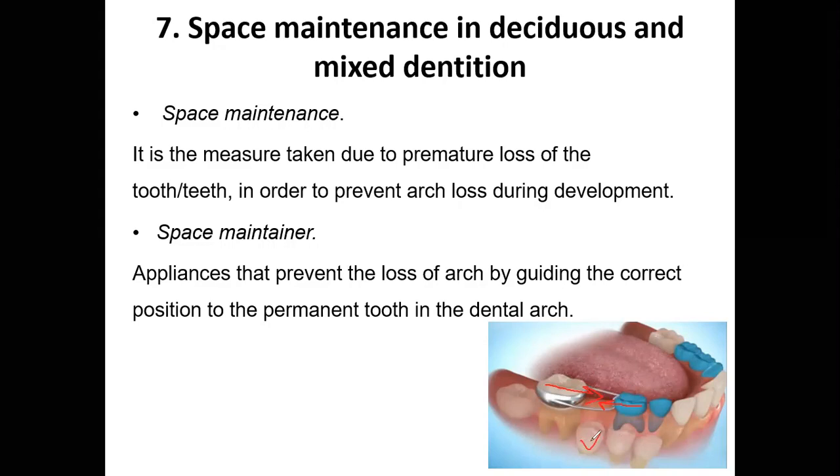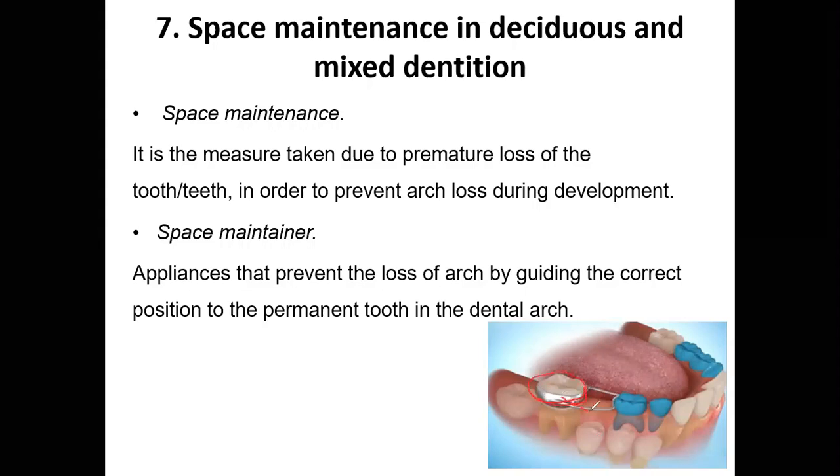Where will it get the space in the arch? If it does not get proper space in the arch, it will go to malocclusion. It will erupt abnormally, more buccally, or maybe it will be retained, it will not erupt. So there could be a lot of problems which will arise. So what will I do in this case, or what does an orthodontist do in this case? The orthodontist will try to give this sort of appliance.